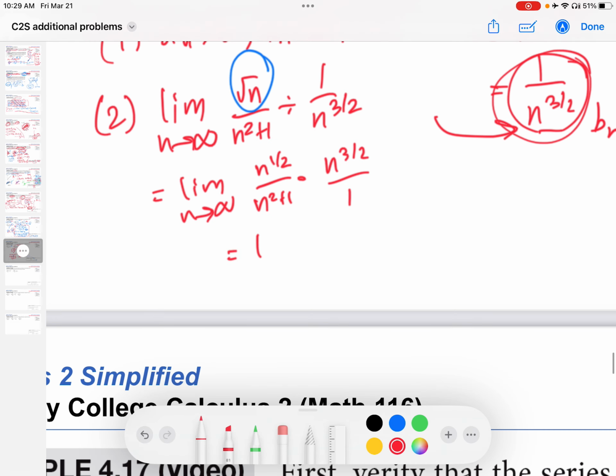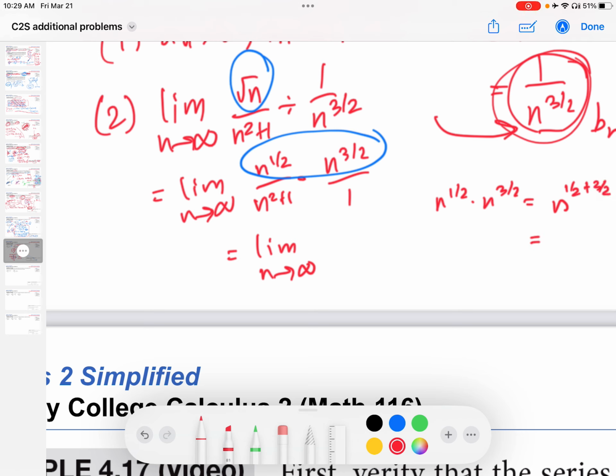And then I'm looking here to do some simplification. In the numerator, I have n to the 1/2 times n to the 3/2. Rules of exponents, same base, add the exponents. So 1/2 plus 3/2, that's 4/2, which is 2. So that's my new numerator, n squared, divided by n squared plus 1.